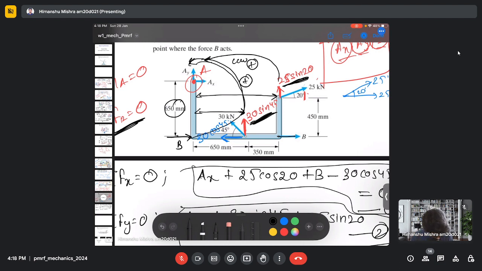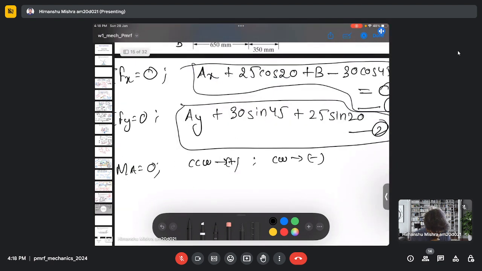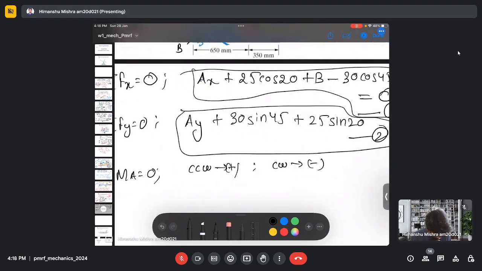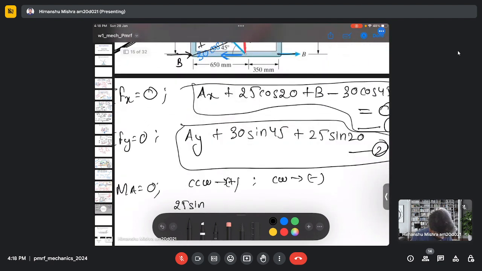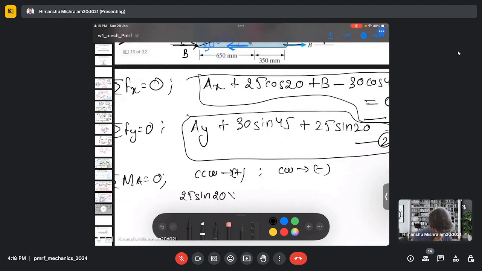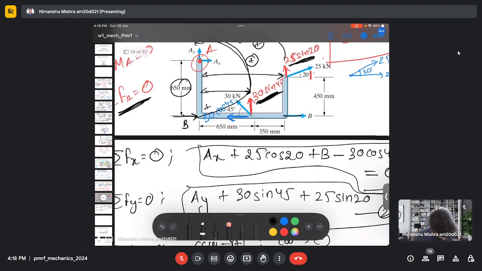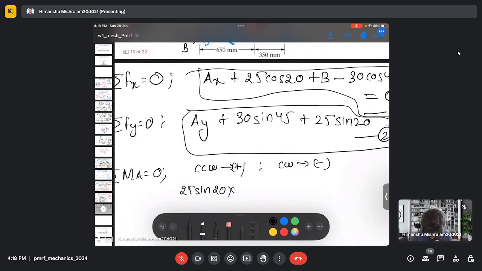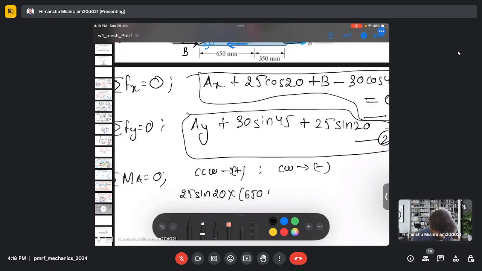So all the moments are positive, so it will be 25 sine 20 multiply 650 plus 350, 10 to the power 3 meter.